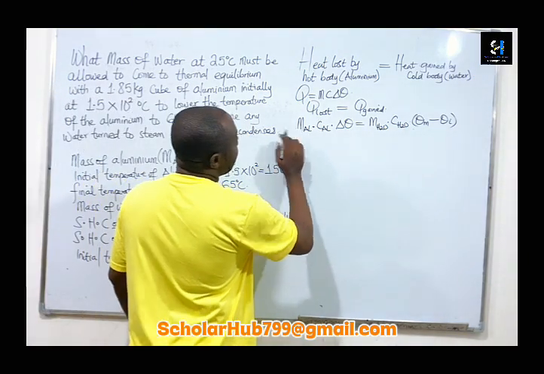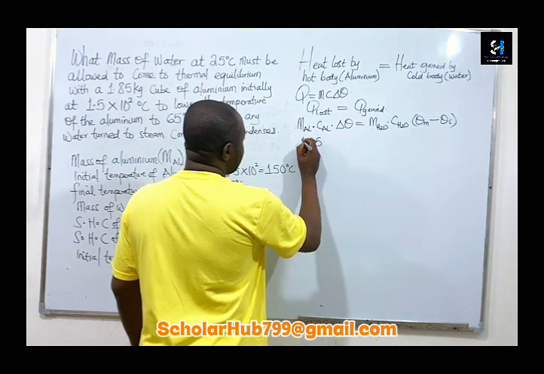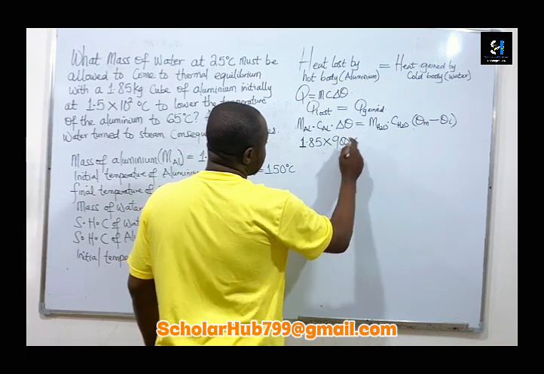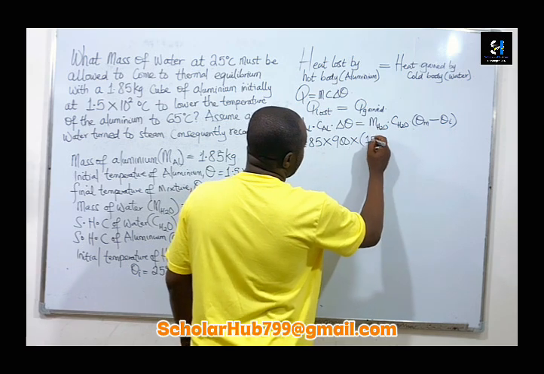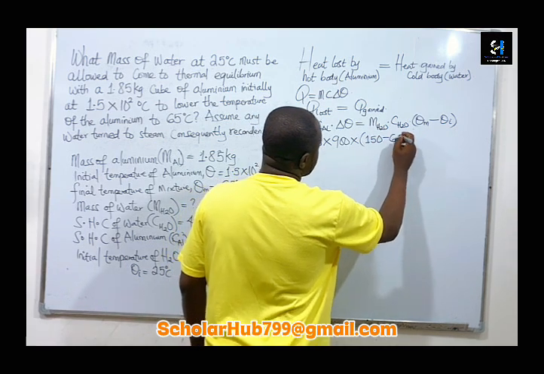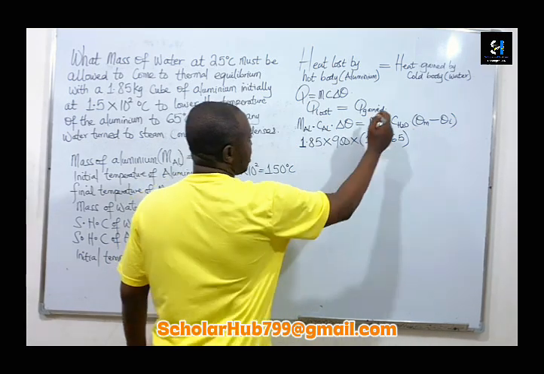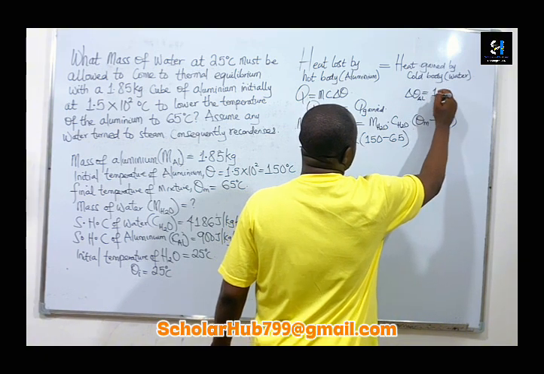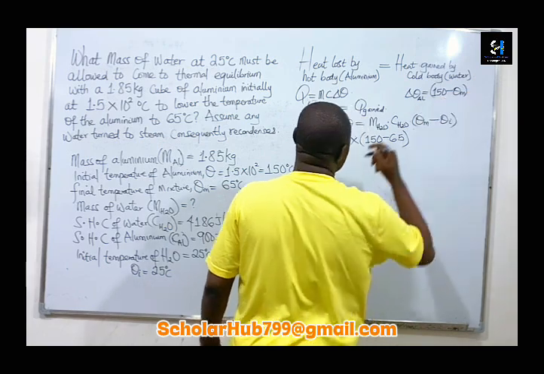For the mass of the aluminium, we have 1.85, then the specific heat capacity of aluminium, 900, then multiplied by 150 minus 65, because the temperature change for aluminium is 150 minus the temperature of the mixture.